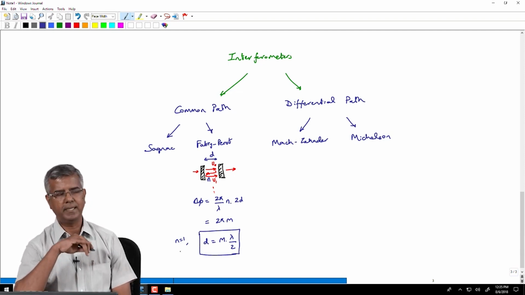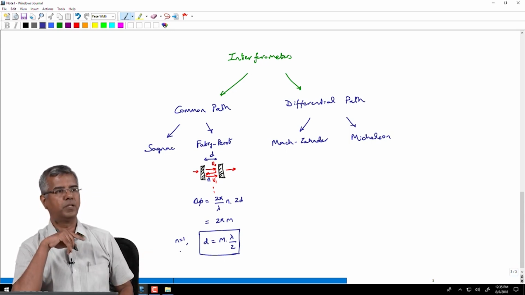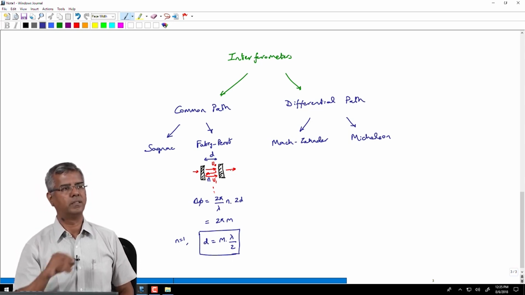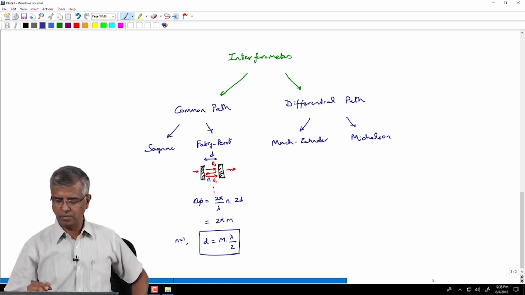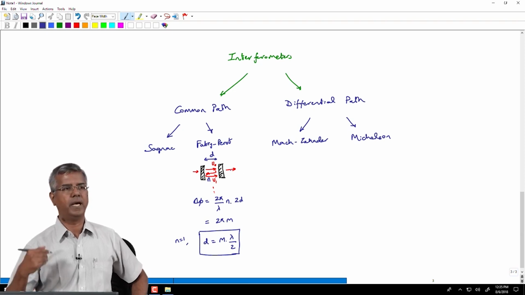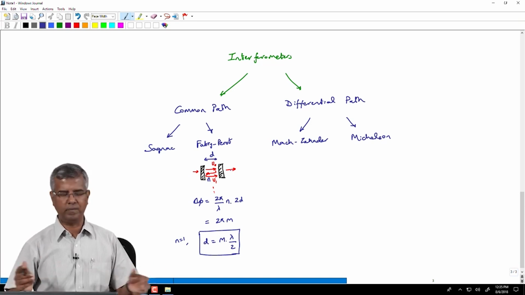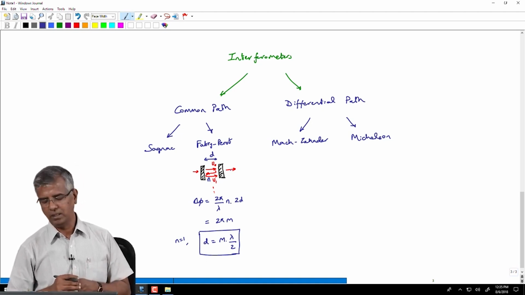So, if you have an integral multiple of lambda over 2 as the spacing between the two mirrors, then you can have constructive interference and light will go out on the other side of that Fabry-Perot interferometer. Okay. So, here again we see it is dependent on wavelength. So, you could potentially have only one wavelength go through, and some of the other wavelengths are not allowed to go through that interferometer.